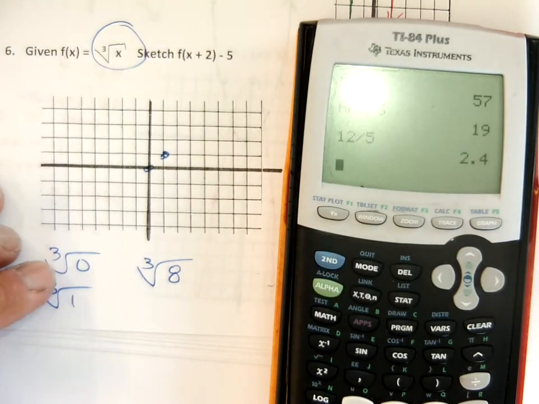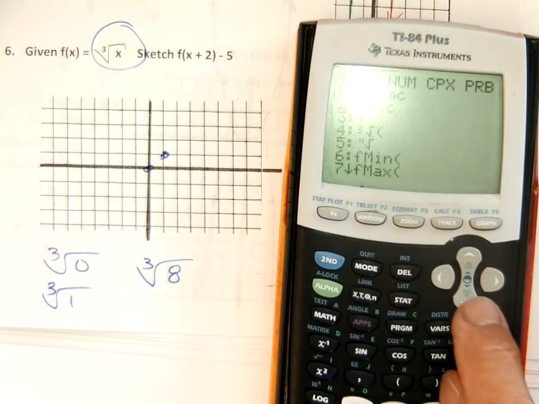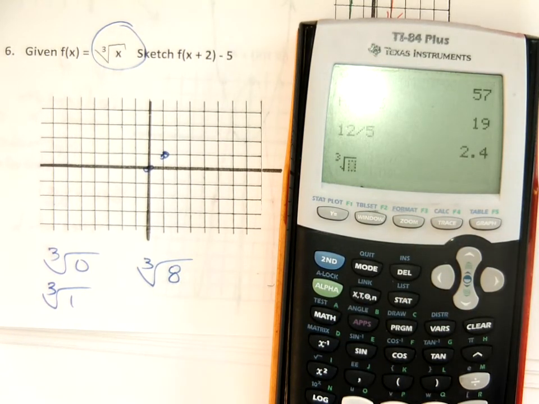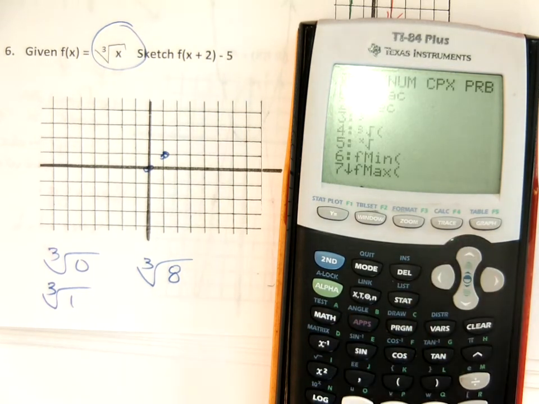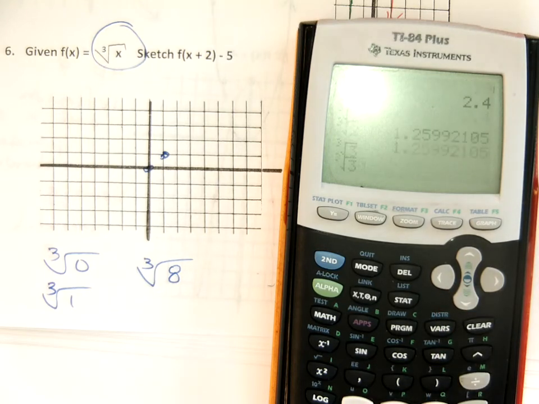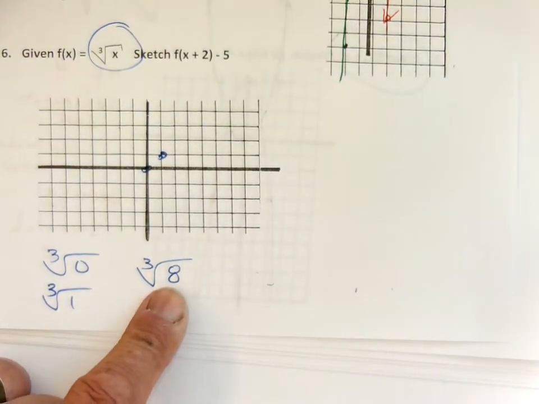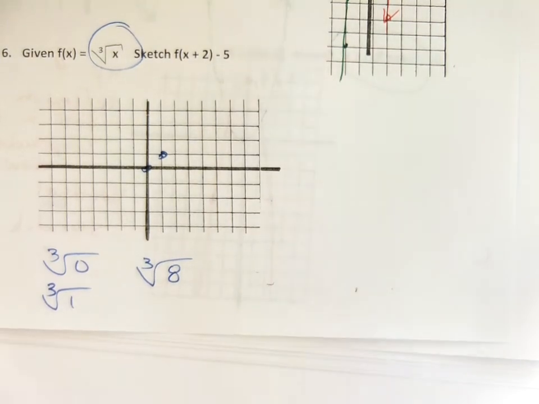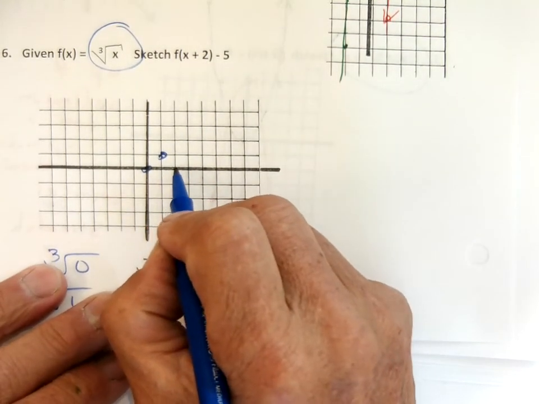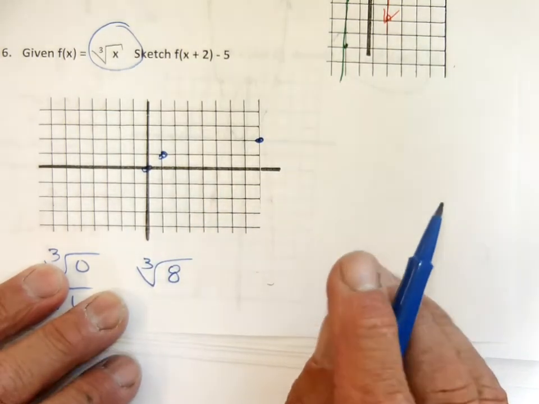In fact, if I show you, cube root of 2. Ugly number. Cube root of 3. Ugly number. So, I just have to get a general shape. So I'm going to go all the way to the cube root of 8. So what times what makes 8? 2, right? So I'm going to go 1, 2, 3, 4, 5, 6, 7, 8, and 2.